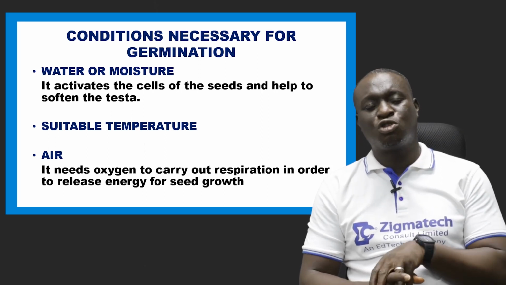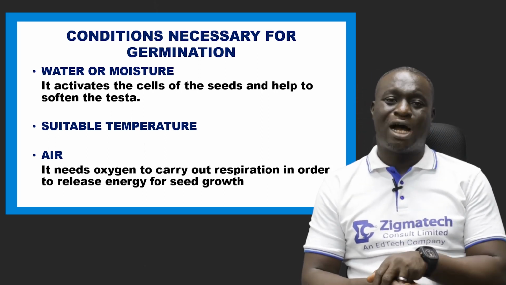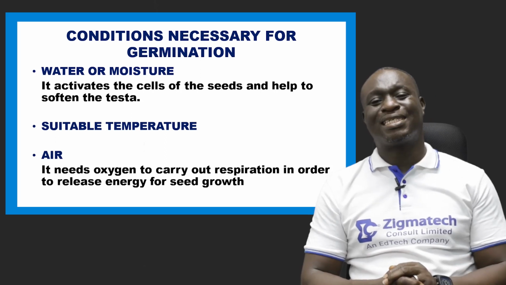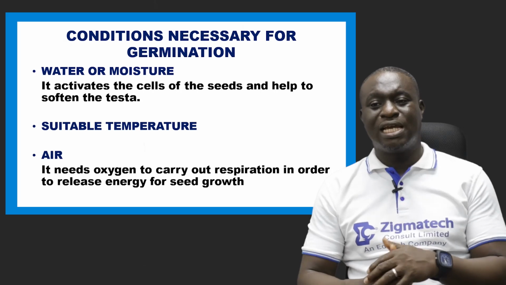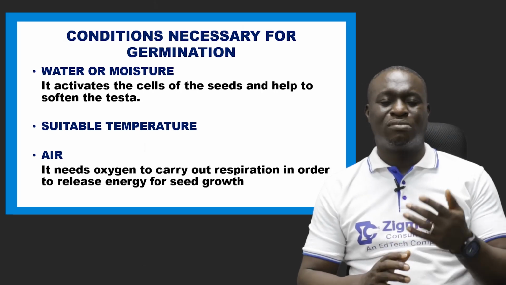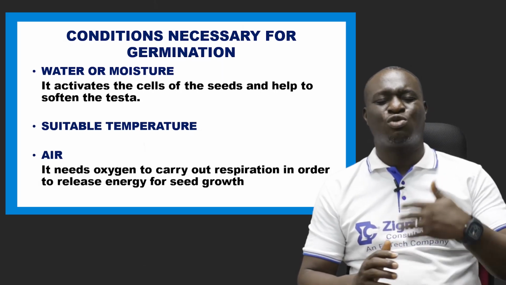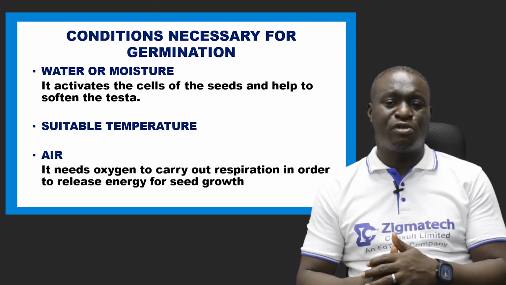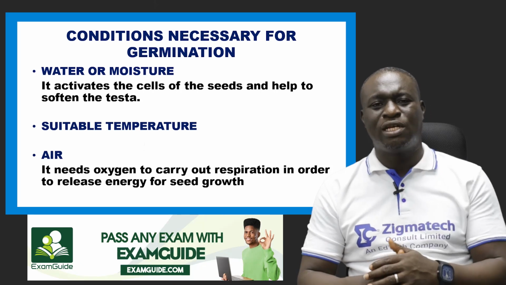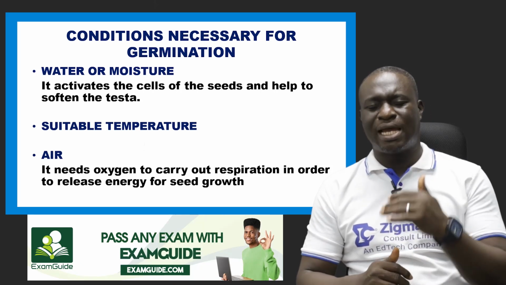Suitable temperature is also required for germination to occur. Another is air. Air, which is the oxygen, is needed so that the embryo can carry out respiration. And one of the major purposes of respiration is to release energy for the growth of this embryo.